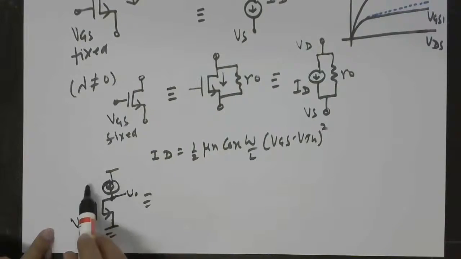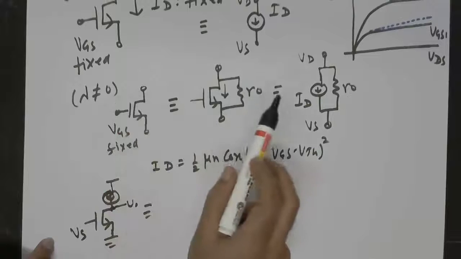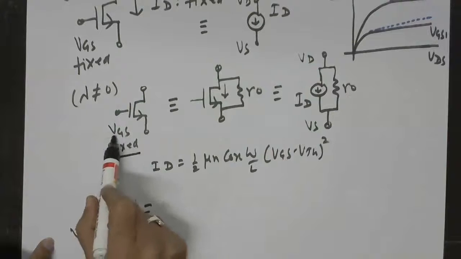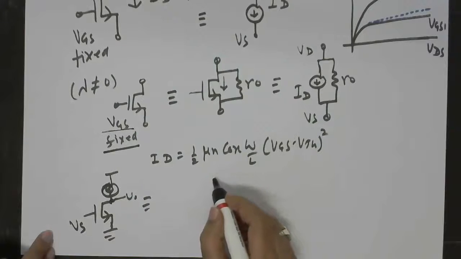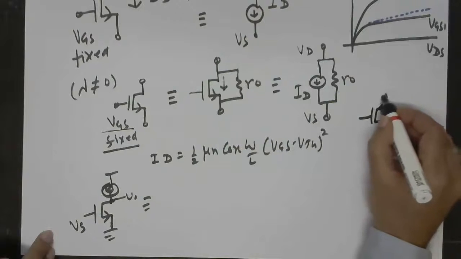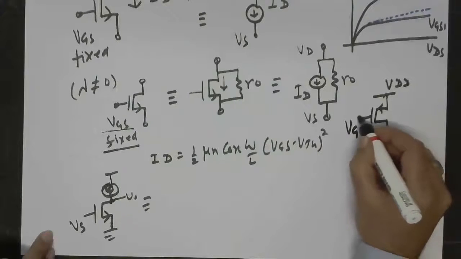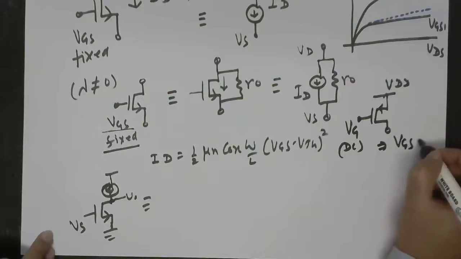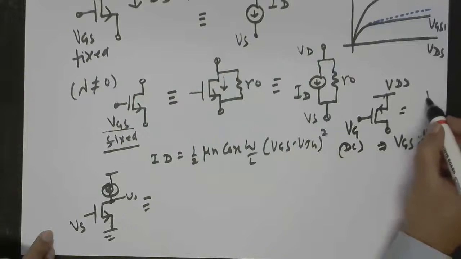So in this case, this current source cannot be replaced by NMOS version of the current source, because keep in mind we will have to keep the gate to source voltage fixed. So in this case, we will have to use a PMOS connected to VDD, and then here if you put this gate voltage fixed to a certain DC, then this will imply fixed VGS, and then this will act like a current source.